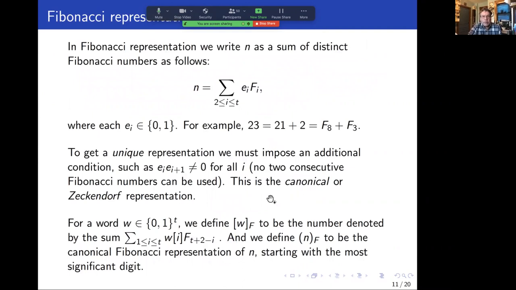And this is the canonical Fibonacci representation, sometimes called the Zeckendorf representation. And then if we have a string of zeros and ones, we could let W with a subscript F be the number denoted by summing the appropriate Fibonacci numbers together, starting with the most significant digit. And we could define round parenthesis F to be the canonical Fibonacci representation.